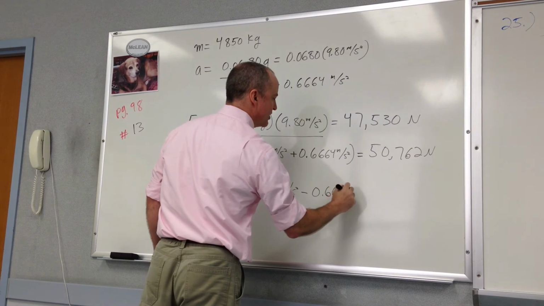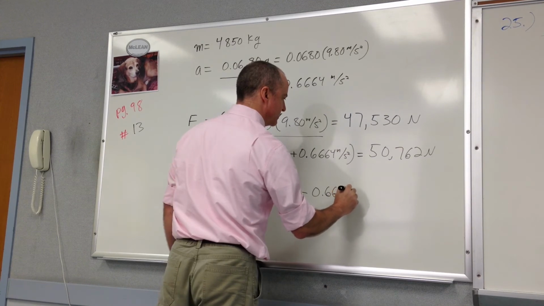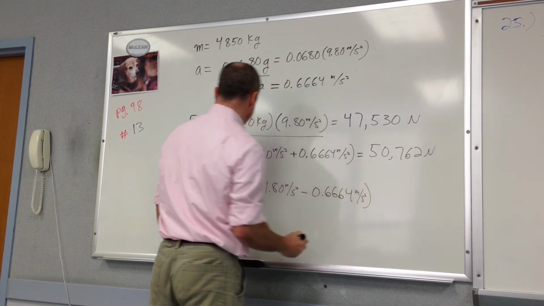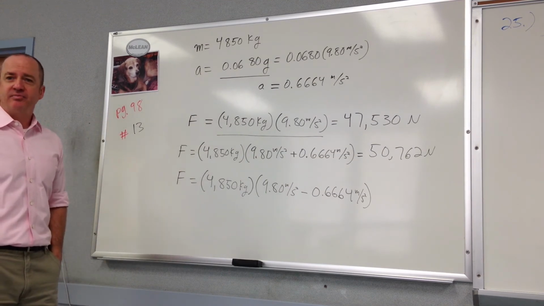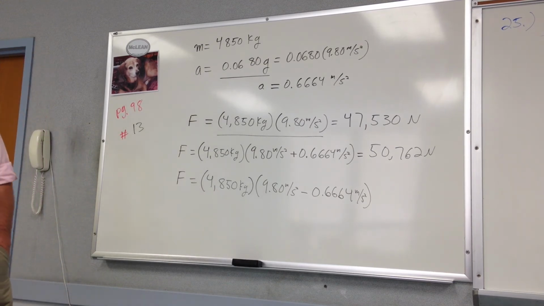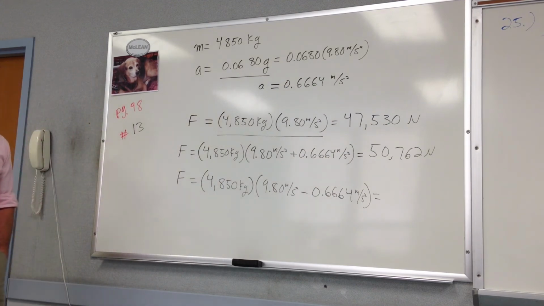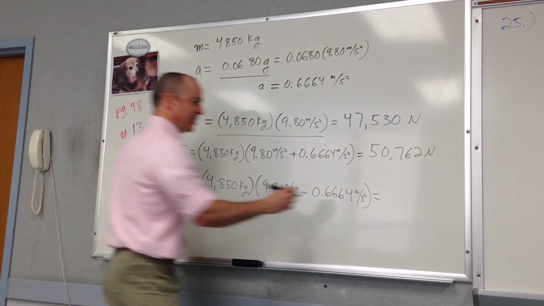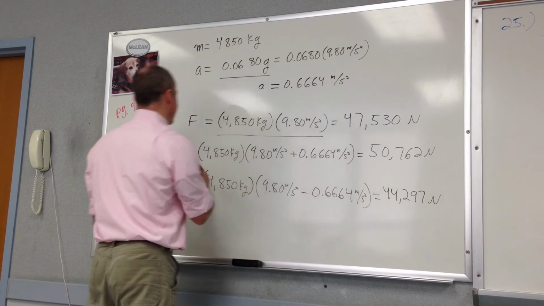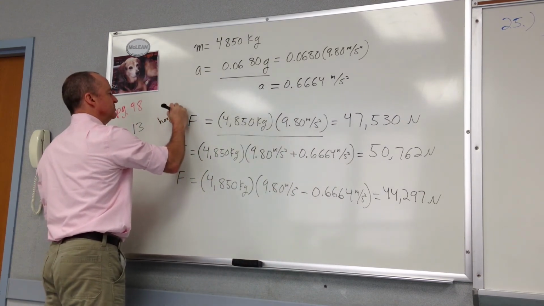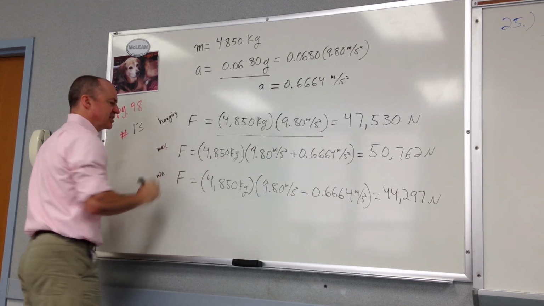But remember, like we talked about 2 days ago with the person sliding down the sheets, when the elevator is going down at its maximum acceleration, I'm assuming it's the same acceleration because they don't mention direction here, you would subtract this from 9.80, and then what's the minimum you'd have to deal with? 44,297. 44,297 newtons. Awesome. So we have hanging still, maximum acceleration upwards, minimum when it's accelerating downwards.